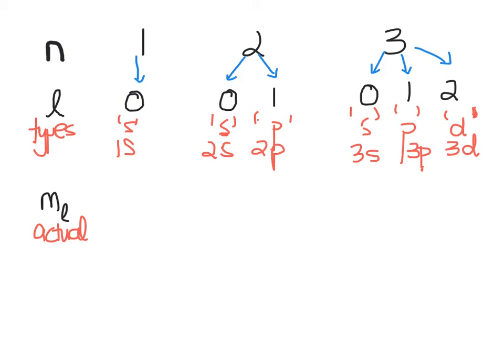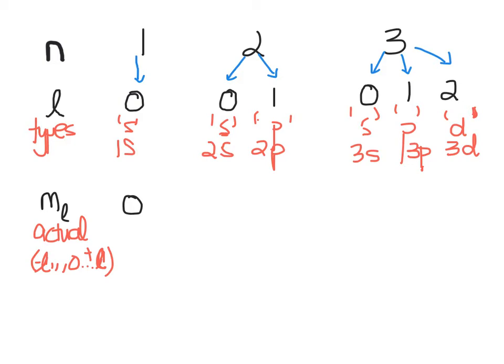It is bound by the rules negative L through 0 up until positive L. So if L is 0, ml can only be 0.